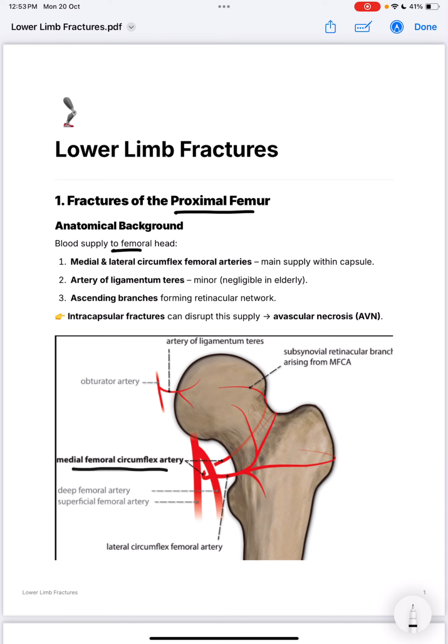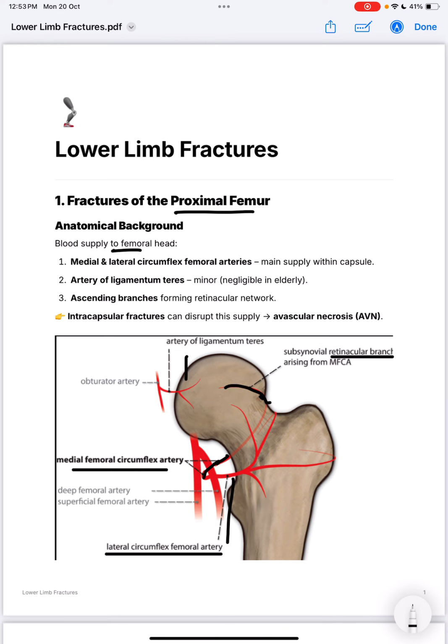So you have the medial femoral circumflex artery right over here, and right over here. And then we have the lateral circumflex artery right over here. Similarly, we have the retinacular branches that are arising from the medial femoral circumflex artery जो कि इस तरह से ascend कर रही हैं.